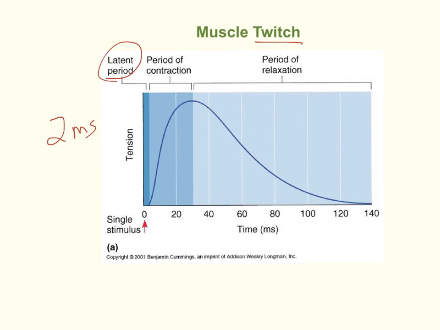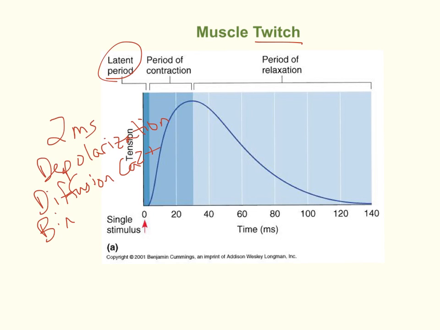The events that occur during those 2 milliseconds are depolarization of the sarcolemma, pardon my terrible handwriting here. We get diffusion of calcium out of the sarcoplasmic reticulum into the sarcoplasm, and binding of the myosin heads to actin.